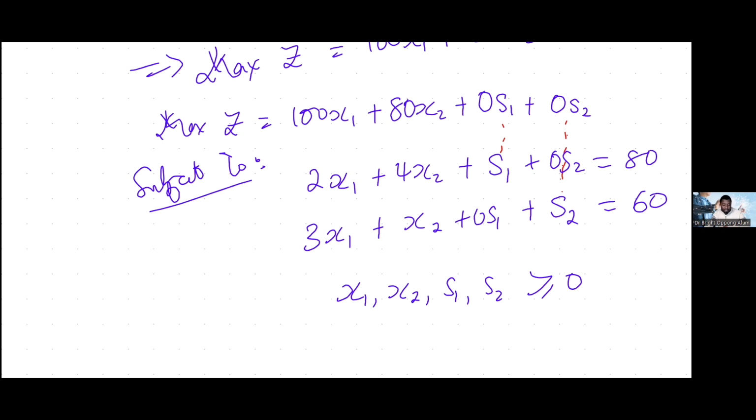Now, after completing the first step, which is transformation of the general linear programming model into a standard form, we need to define the initial solution. The initial solution is actually defined using a tabular form.